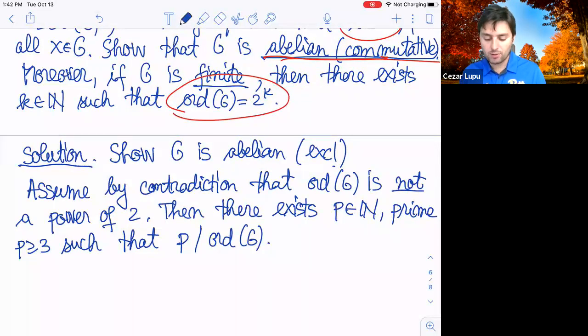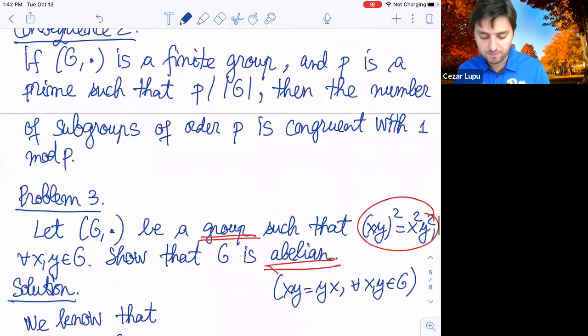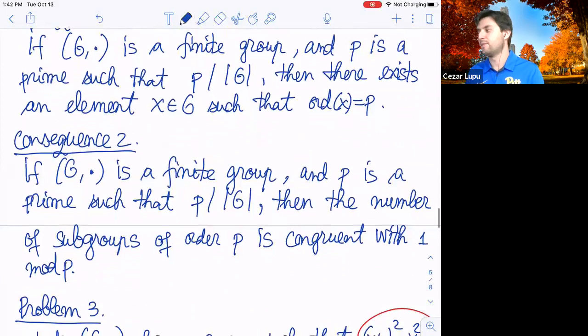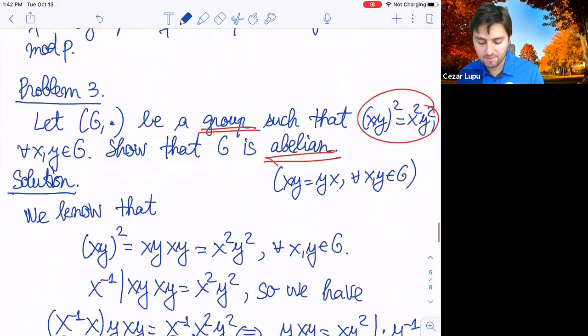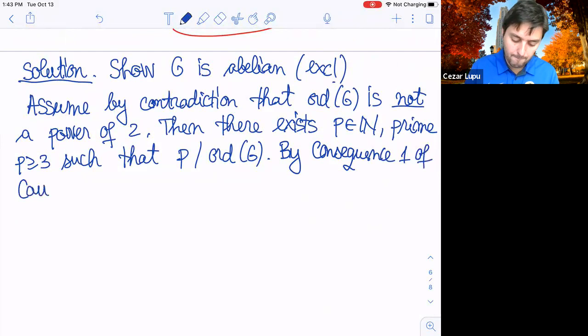All right, and now guess what? I want you to look at consequence 1 of Cauchy's theorem. Since I have a prime that divides the order of the group, by consequence 1 of Cauchy's theorem, what do we have?